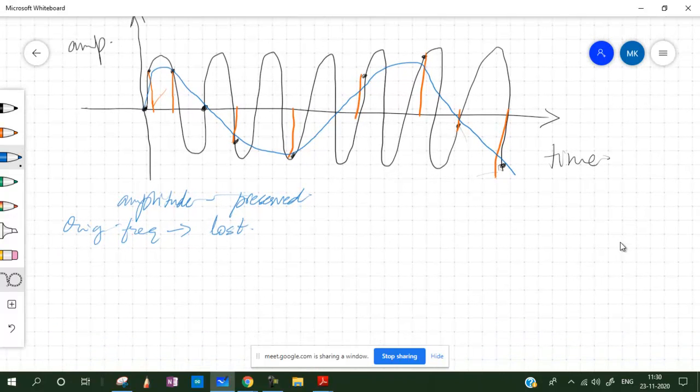And the second thing is the pattern associated with the signal is also lost. We're getting a different kind of signal with a different frequency. This thing in digital electronics, or in these systems, is known as aliasing, or we can say this is an alias signal.